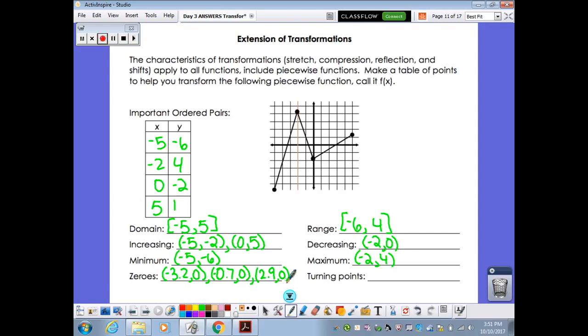A turning point is when we go from increasing to decreasing or decreasing to increasing. So you can see that we have two turning points right here. These turning points are negative 2, 4, and 0, negative 2. Now, we're going to want to keep these ordered pairs in mind while we complete the rest of our transformations because they're going to be important to us.